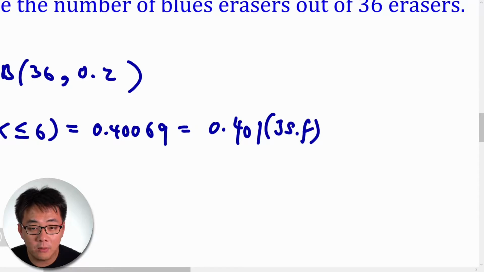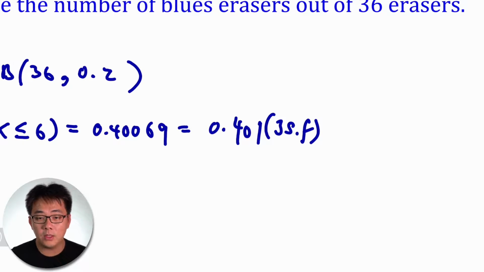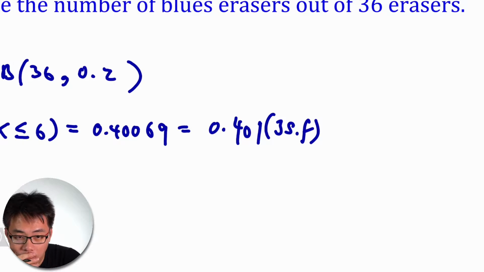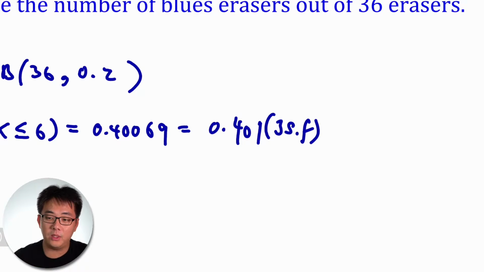Then the third one. 200 randomly chosen boxes are packed into a carton. A carton is considered accepted if at least 40% of the boxes contain at most 6 blue erasers each. Find the probability that the carton is accepted. So this is another probability within another probability.